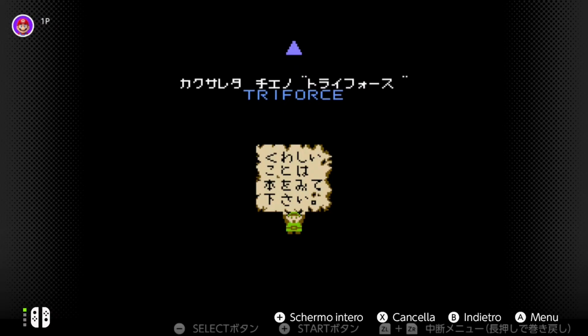Koto is a noun that means fact, matter, thing, as in only when it refers to, as I said, a fact, a matter, not an object, because there's a different word for that. And then, of course, our usual topic particle, ha, read as wa.